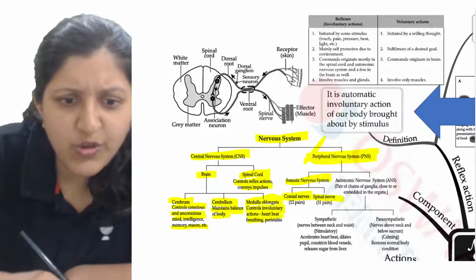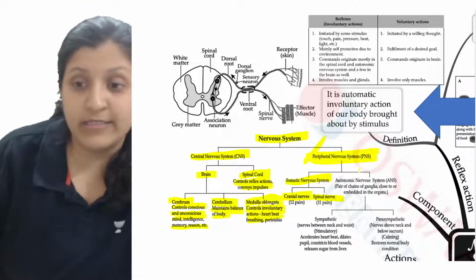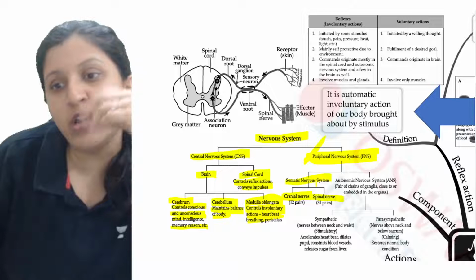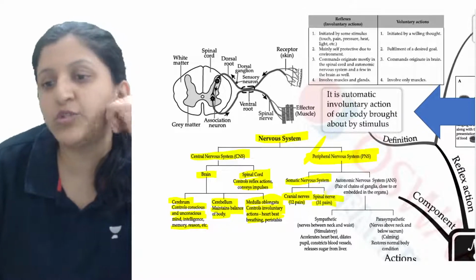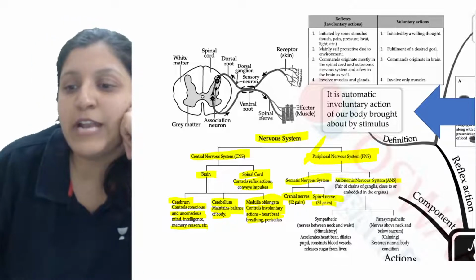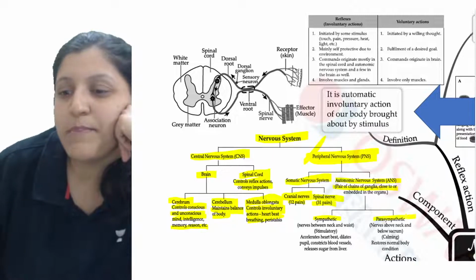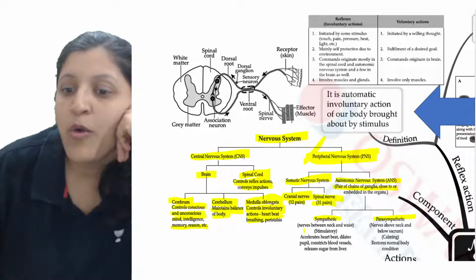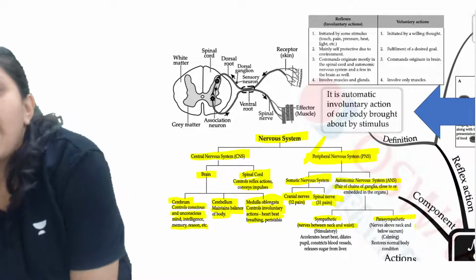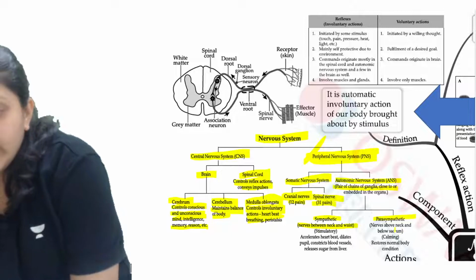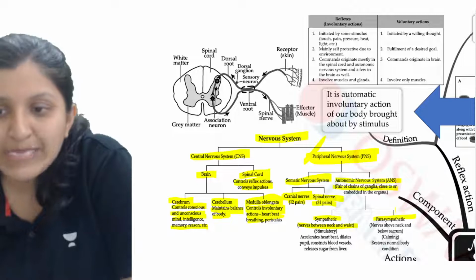Other than that, there is the sympathetic nervous system, which is under autonomic. Here, somatic, these are the nerves: 12 pairs, 31 pairs. This you need to know, very important. And in the autonomic nervous system, you can find the sympathetic and parasympathetic nervous systems, where the sympathetic nerves are between the neck and the waist region, and the nerves above the neck and below the sacrum are associated with the parasympathetic ones.